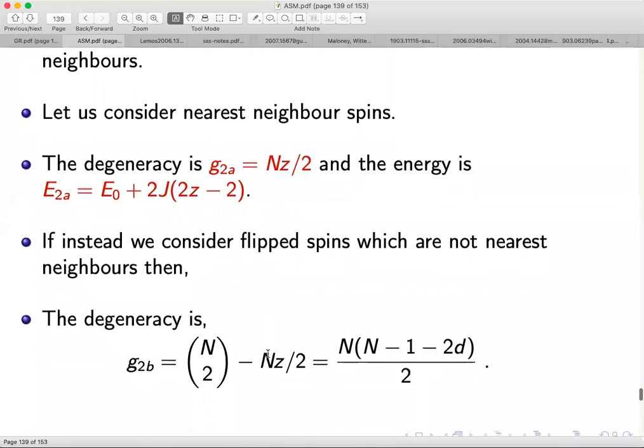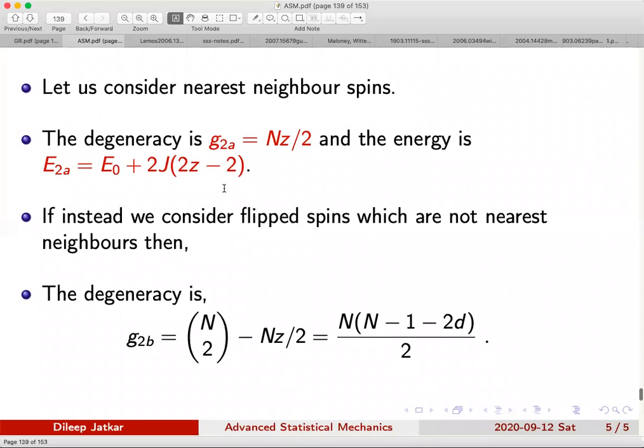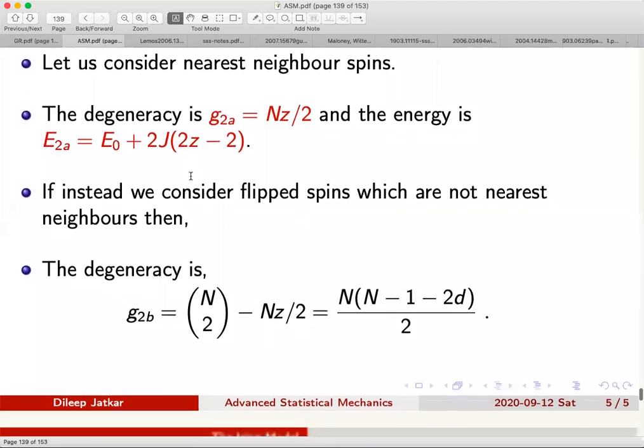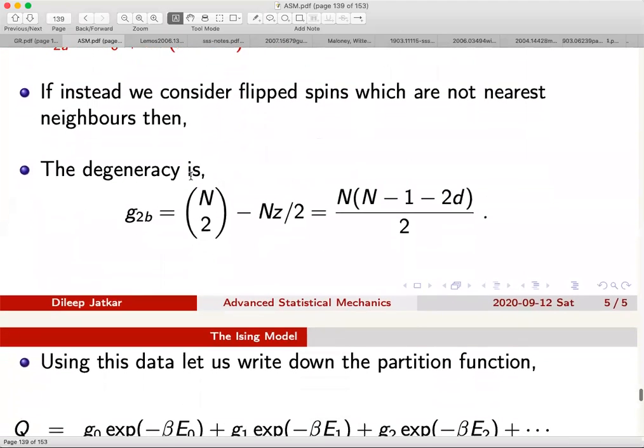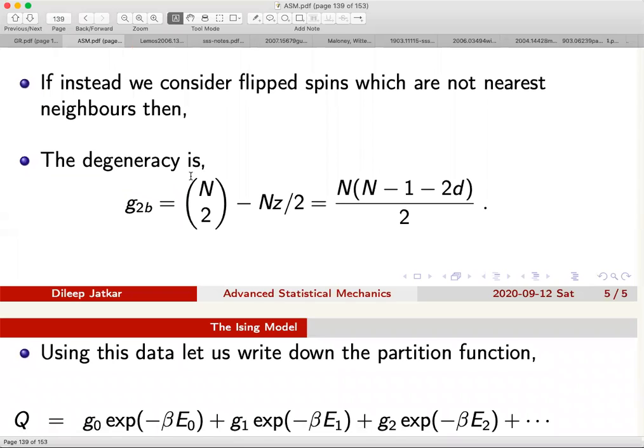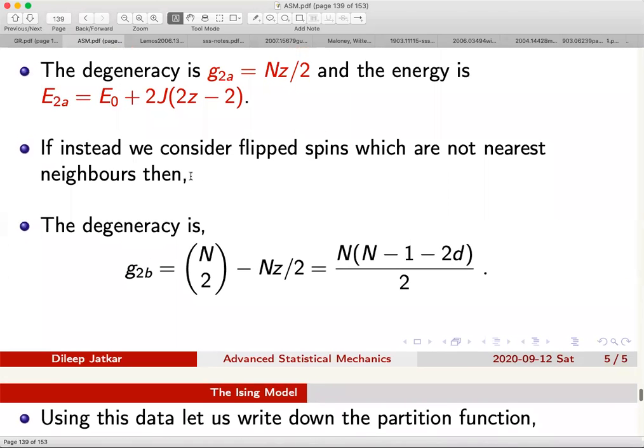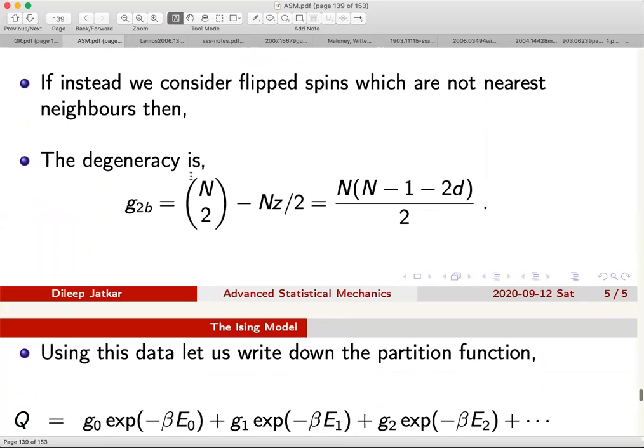Now, instead of this configuration, which is what I call the A configuration, suppose you look at the B configuration where the spins are not nearest neighbors. Is there a question? Okay, maybe not. So instead of nearest neighbors, suppose they are not nearest neighbors. Then out of n spins you have to choose 2, which is n choose 2.